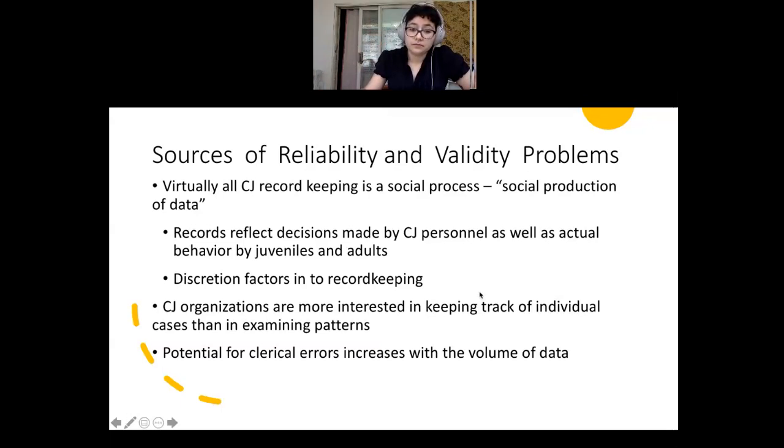And there are different purposes of agency record keeping versus us as researchers. CJ organizations are often trying to keep track of individuals rather than examine particular patterns. So they might only collect data on individuals and not necessarily on larger, higher units of analysis as well. And there are definitely issues with clerical errors as well.